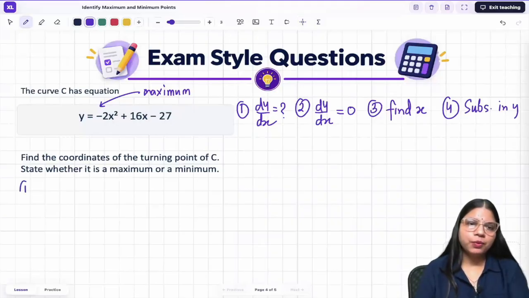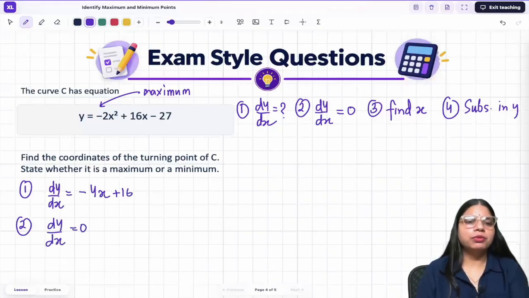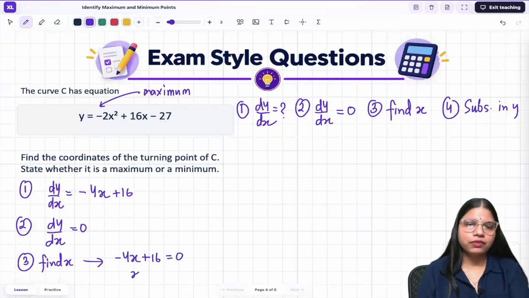So the step 1 we discussed is to find out the gradient. So dy by dx is, we are already clear, -4x plus 16. Second step is, as dy by dx is 0 at the turning point, we are going to be finding the value of x. So for the third step, we find x. For that, you will be doing -4x plus 16 equals 0. Just quickly solve it to get 4. x comes 4 here, correct?